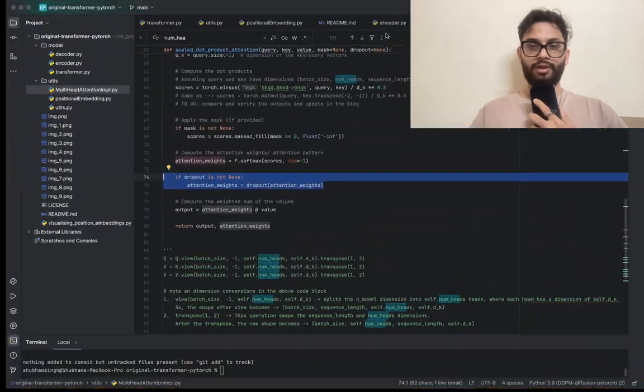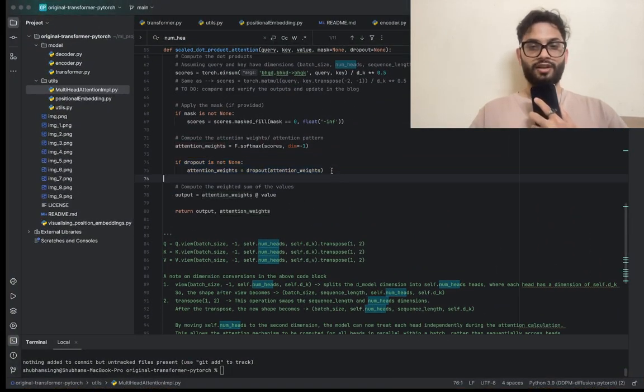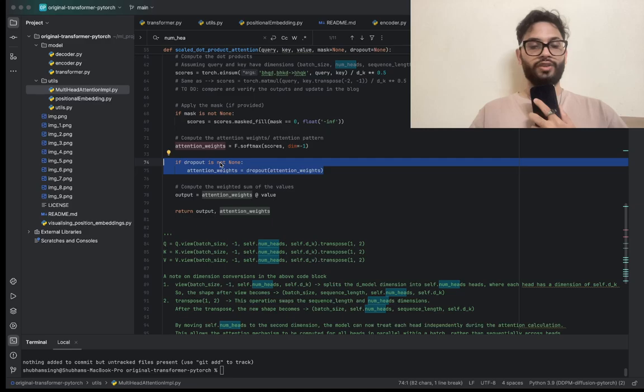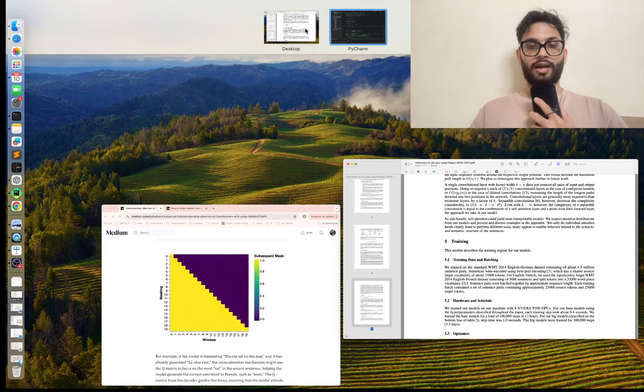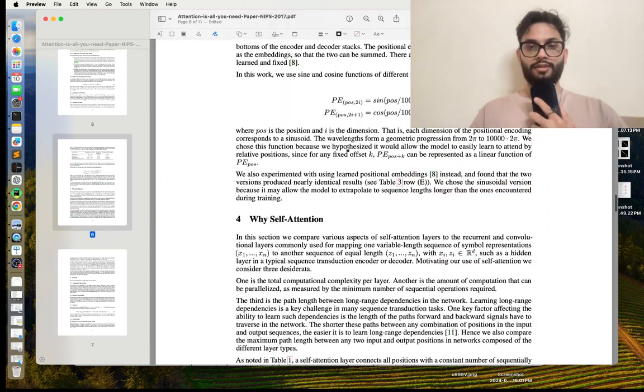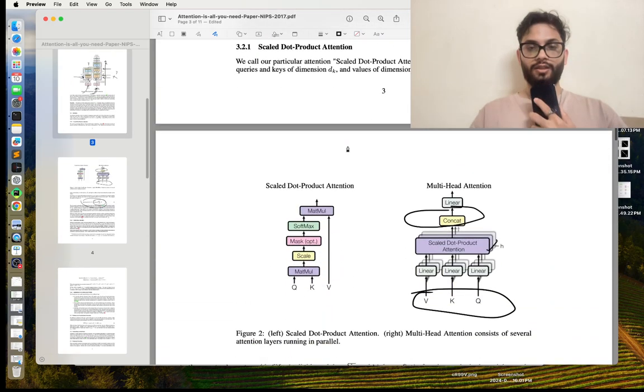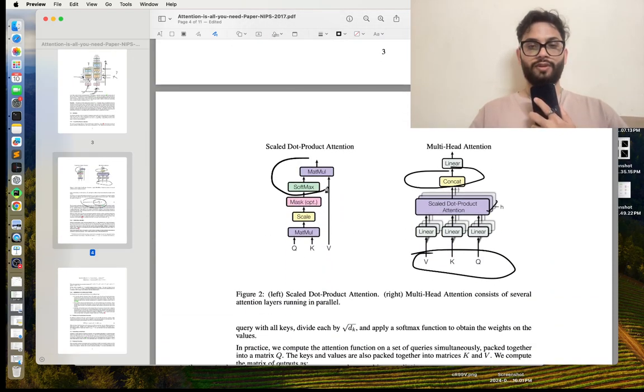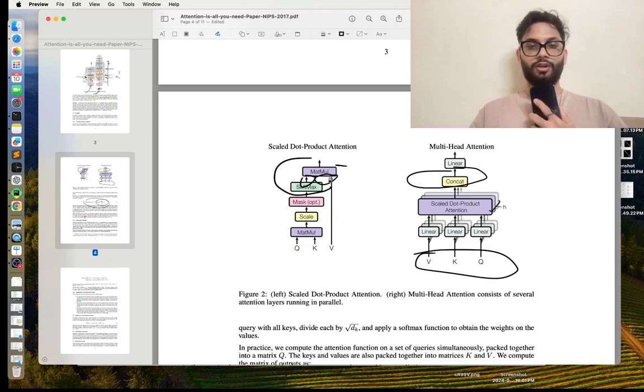I don't remember where, but it is written in this paper somewhere. So this is where we apply dropout. Once we have calculated attention weights, we'll apply dropout to all the attention weights. Then we perform the last step: matmul the softmax output with V. That is what we'll do.